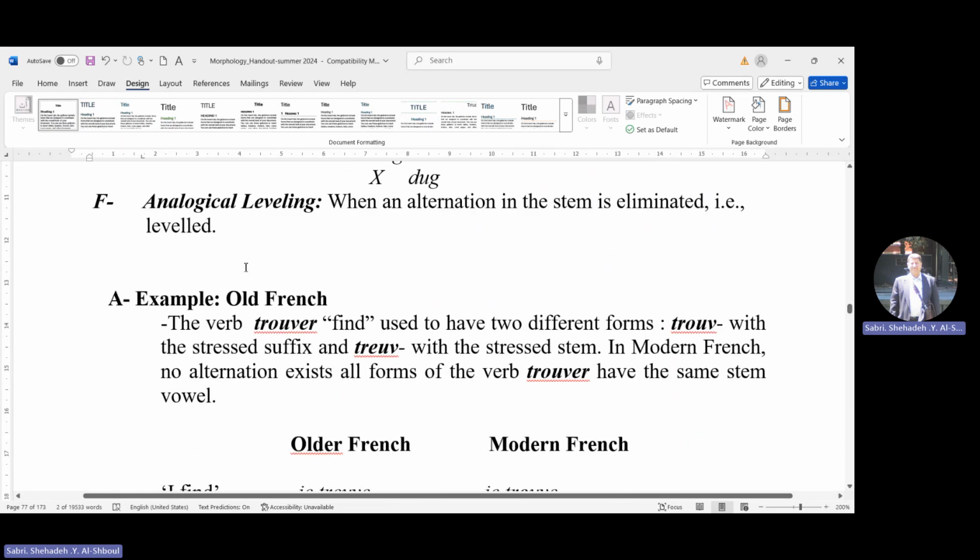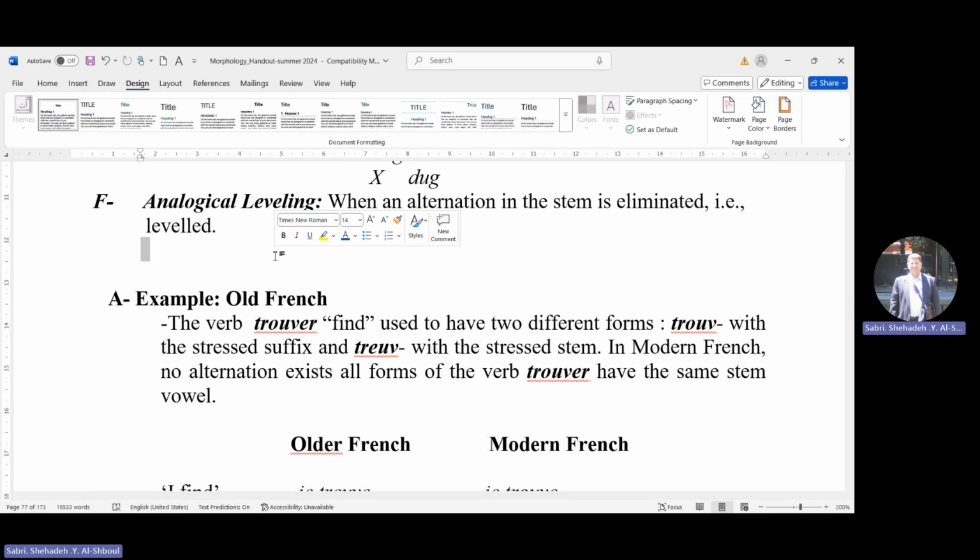Another part which is very important for this kind of analogy is the so-called analogical leveling. In general, dear students, here we have leveling and analogy. Leveling means that the alternation in the paradigm disappears, it drops.